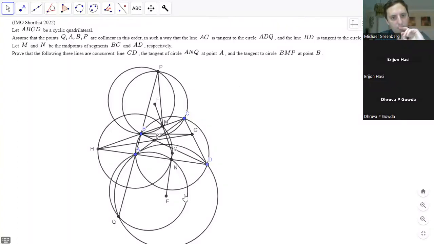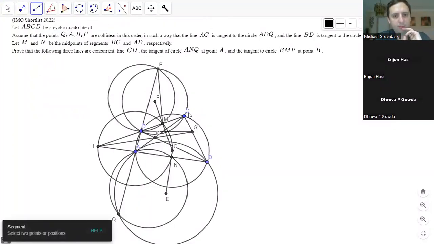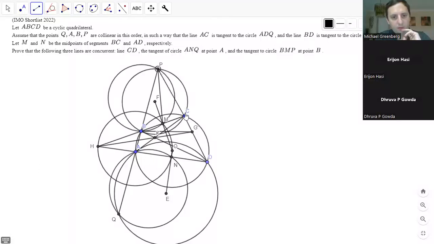Also, triangle DAQ is similar to DCB. That's interesting. And then DAB is similar to, so you said DCB and DAQ are similar. Then does that mean that DAB and DBP are similar?